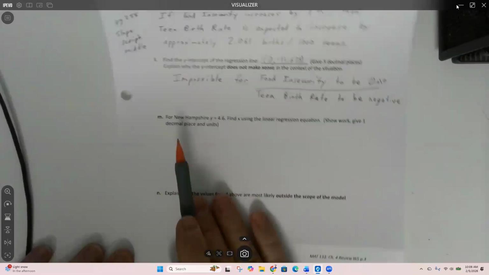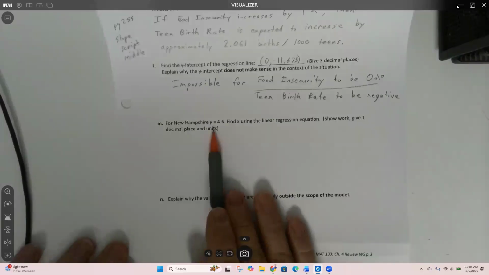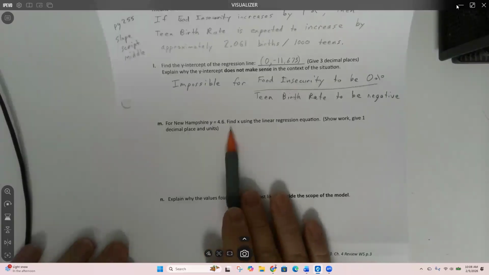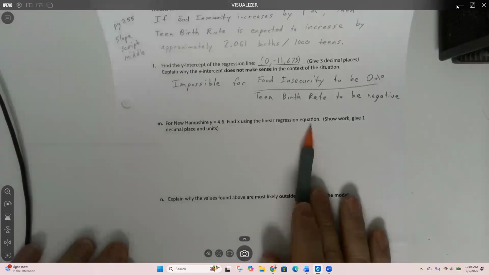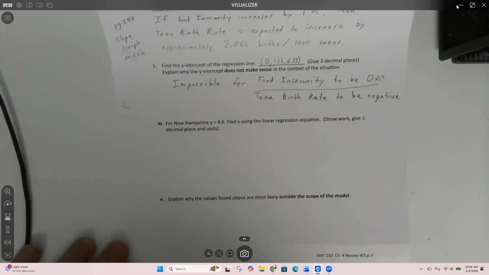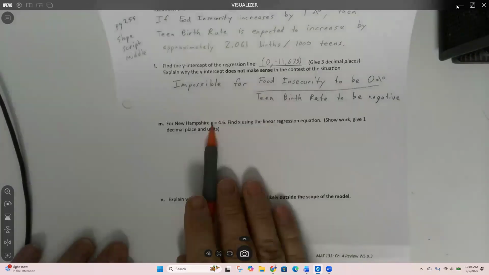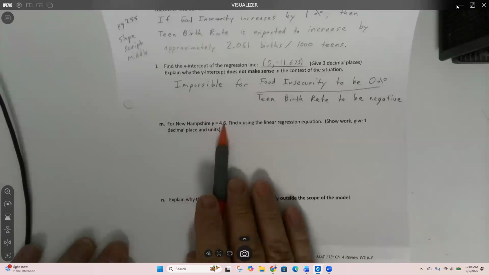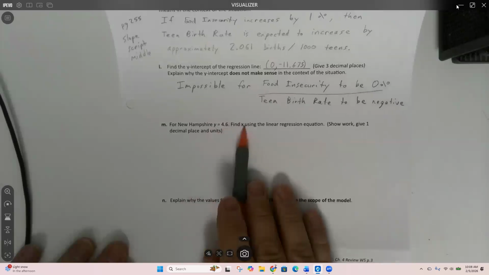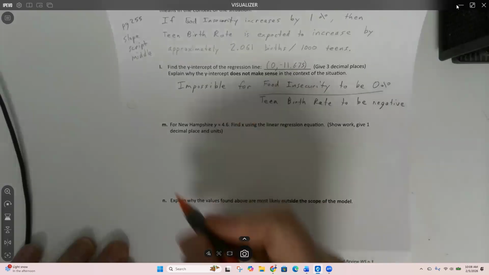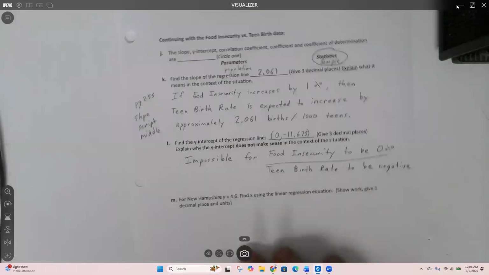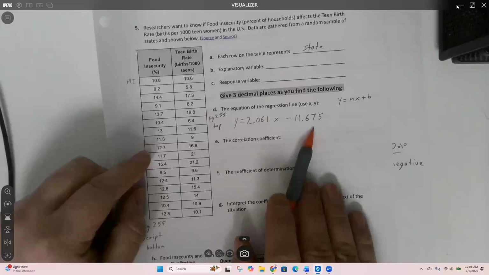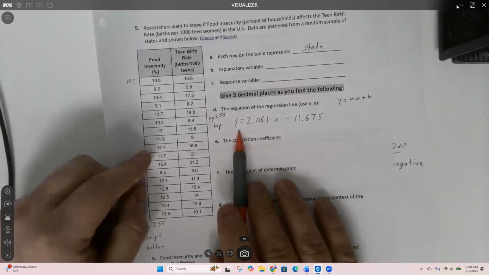All right. For New Hampshire, y equals 4.6. Find x using the linear regression equation. In this case, they give us a y, and they ask us to find x. So what was the equation again? The equation of the line was y equals blah, blah, blah.